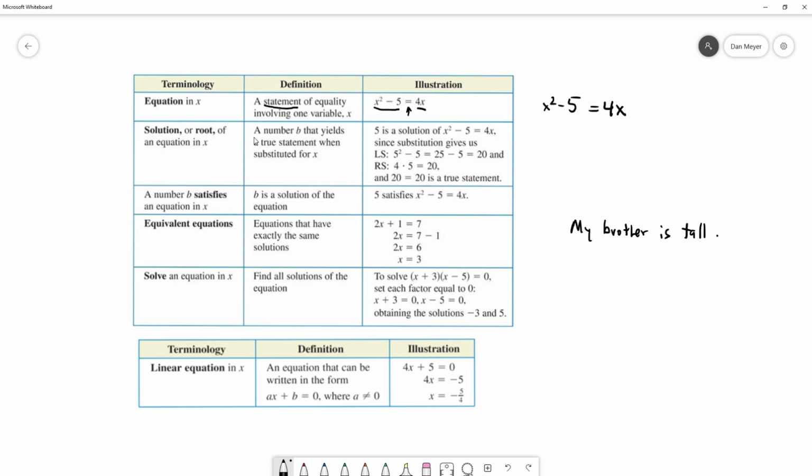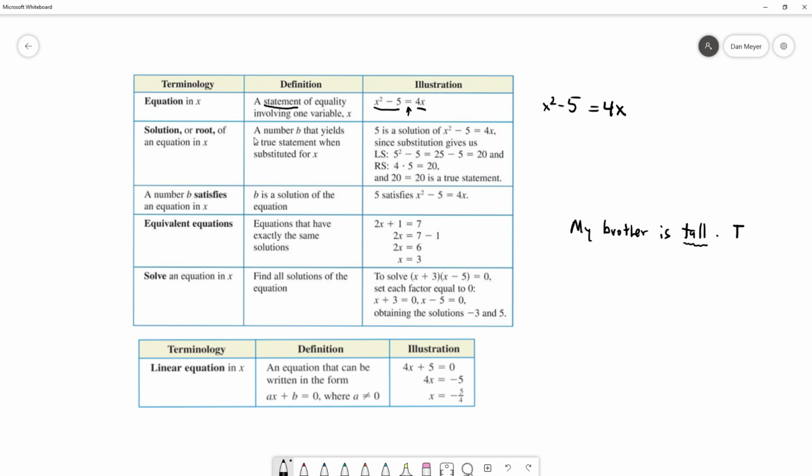It's a statement about my brother, and it's a true sentence. At least I think it is. I guess part of this requires that we're all on the same page with regard to tall. My brother's, I think, like 6'2" or 6'3". He's a little bit shorter than me, but he's still, I think, what almost everybody would consider tall. Okay? So my brother is tall is a true statement, but that's only because I'm saying it.